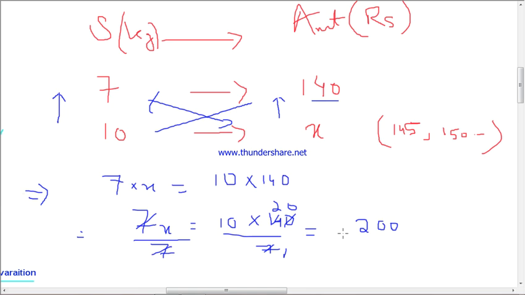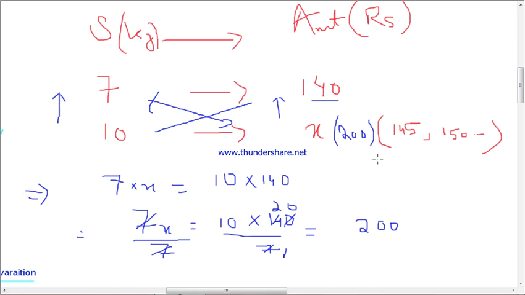You have got the x value as 200, 10 into 20. So I would like to substitute over here 200. Now you see, logically, did it make sense? 7 kgs of sugar costs 140, and 10 kg of sugar will cost more than 140. What is the exact value? I have found it to be 200. So this is how we solve a direct variation problem.